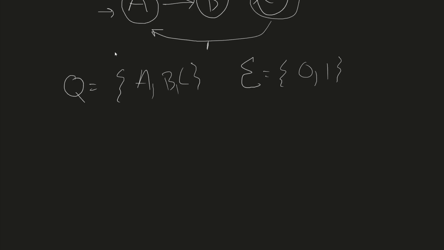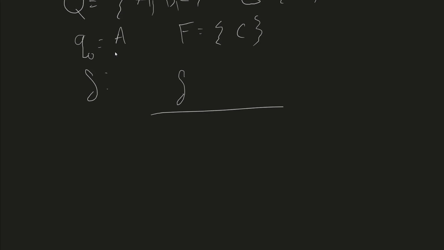The next thing is the start state, which is A. Accepting states, we only have one, C. And transition functions. In the last video, I went over a more formal way of describing how inputs are handled by states. Let's create a table on this one.